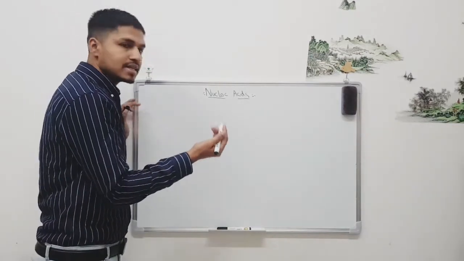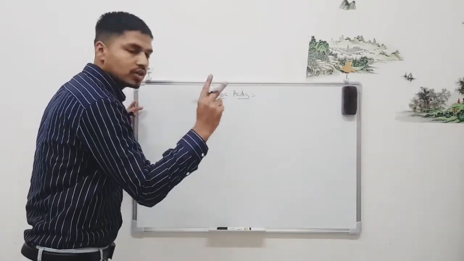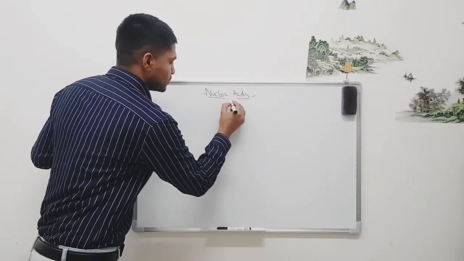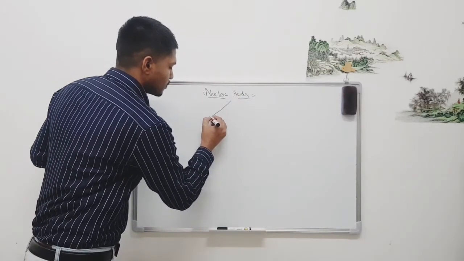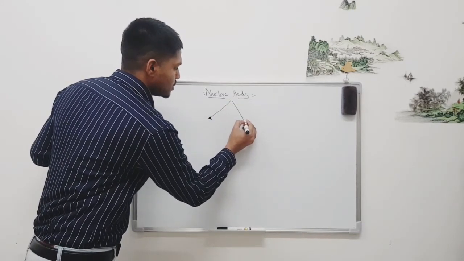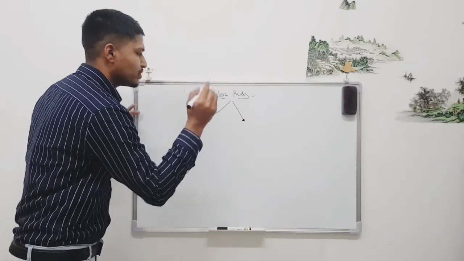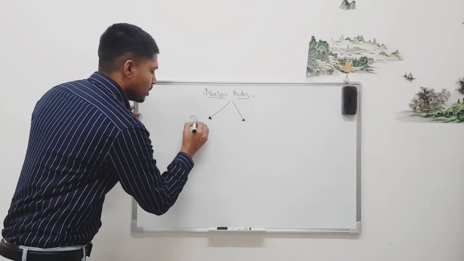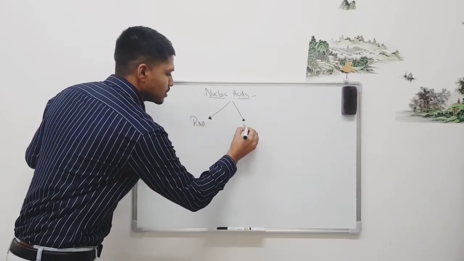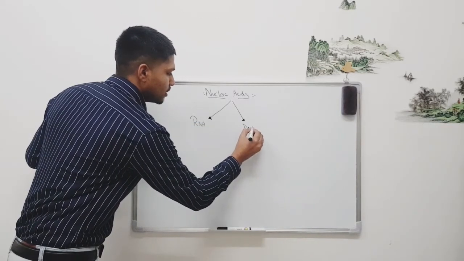Basically, nucleic acids contain two molecules. The first molecule is RNA and the second molecule is DNA.